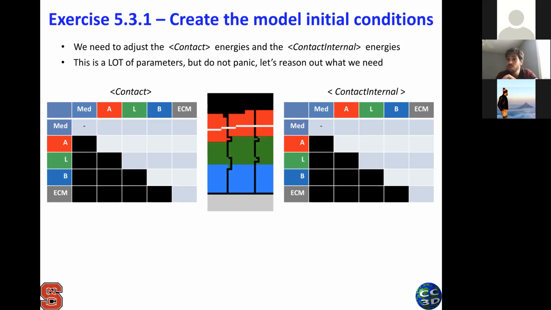So you have all these different numbers to specify. Does this make sense? It's one thing, the interaction of this green with this red, and a different thing, the interaction of this green with this red on the apical side that belongs to the same cell. So all your contact energies suddenly got doubled, and you need to know which values to put there.